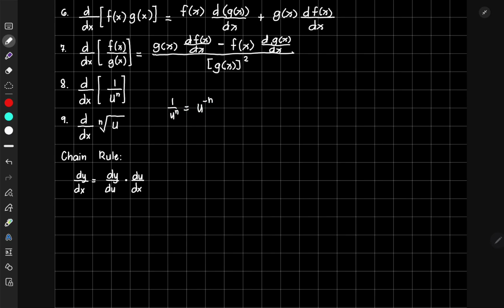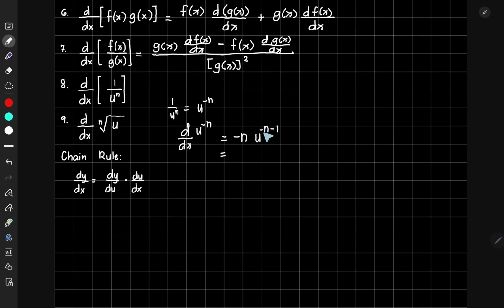So using the power rule, so getting the derivative of that one, so the derivative of u raised to negative n with respect to x, so this would be equal to, so bring down natin yung negative n, the exponent. So we have negative n and then u raised to negative n minus 1.